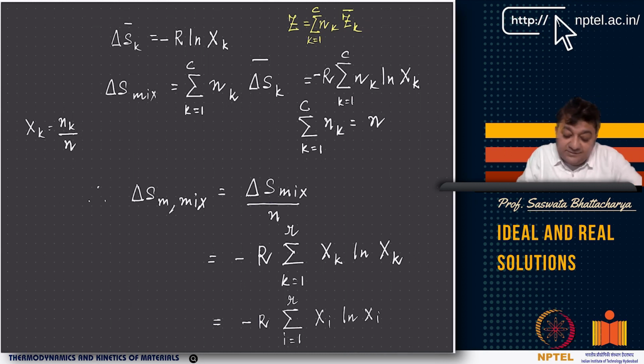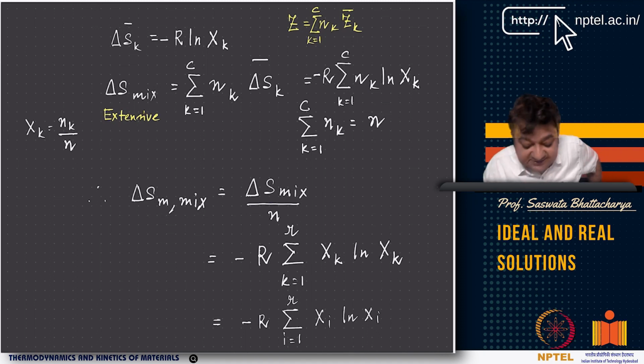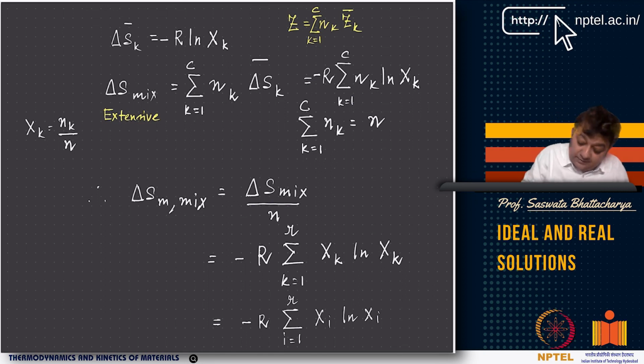So now this is your delta S mix. This is the total change in entropy. This is an extensive parameter, because it is the total change in entropy, and it depends on the extent of the system, that is the total mole number of the system, N. Now, if I talk about delta S mix per mole, that is the molar entropy.